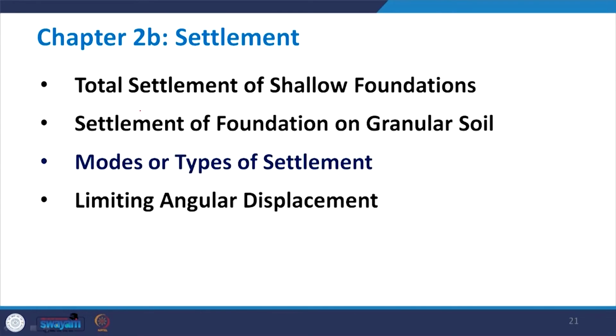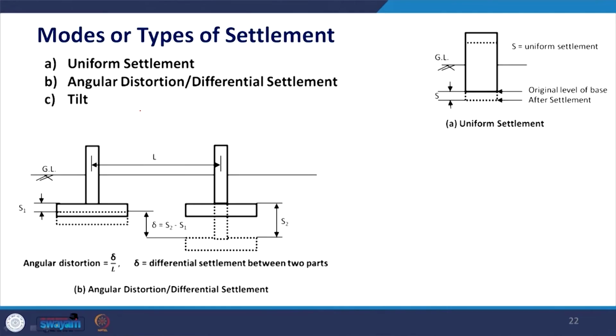Now, let us discuss the third part of the settlement, which is called modes or types of settlements. We discussed total settlement in detail, which is normally the settlement consisting of all the parts. But when we talk about types, it could be in three parts.